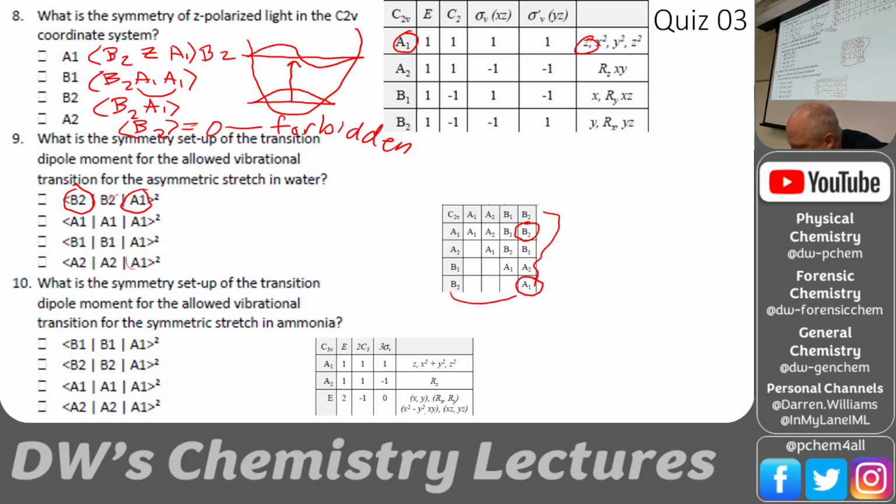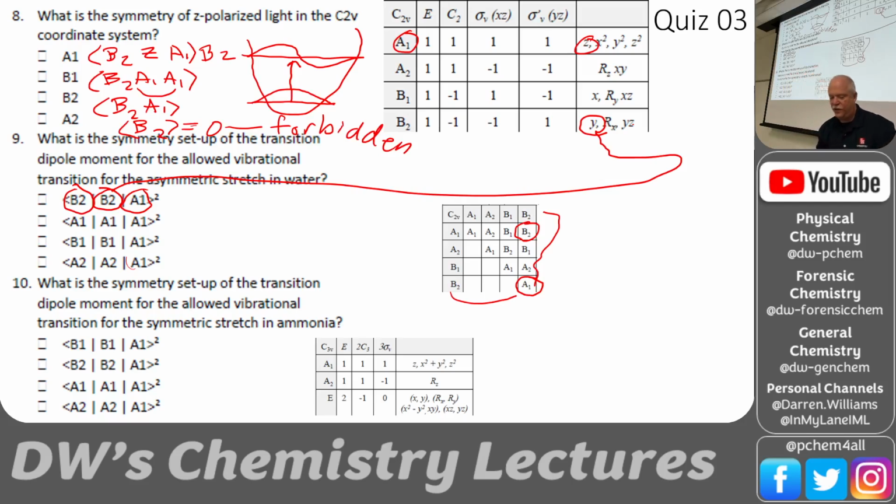So this has to be B2 for it to be allowed. And so then I come over here and I see that B2 is Y polarized light. And that makes sense if my molecule starts out in the ground state vibrational motion, but if the motion is going like this along the y-axis, then light can come in along the y-axis, polarized along the y-axis, and interact with that vibration and make it vibrate faster.